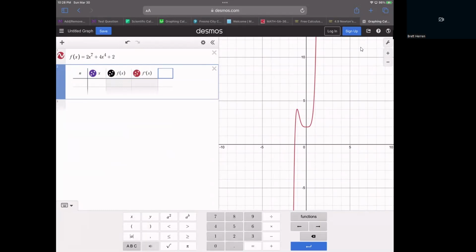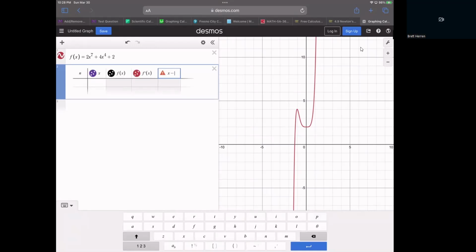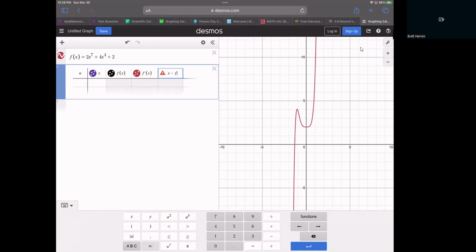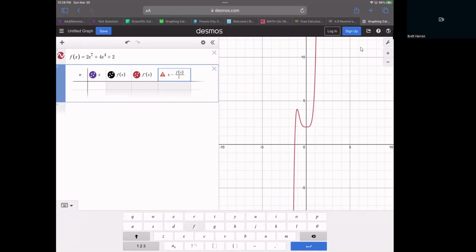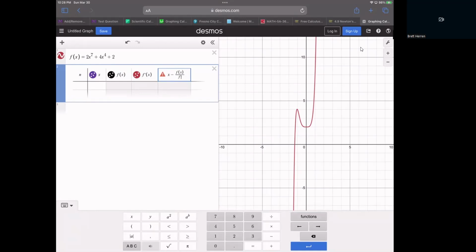And the last spot, I'm going to do Newton's formula here: x minus f of x divided by f prime of x. There we go. And then I'll put a 1 here, go down, put a 2, go down, put a 3. That's all we really need.